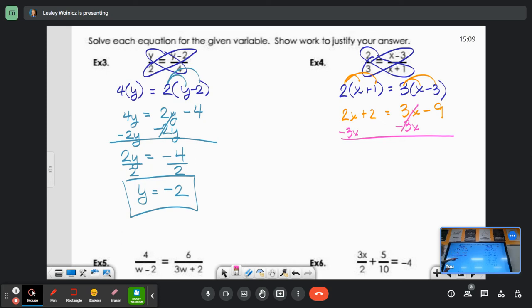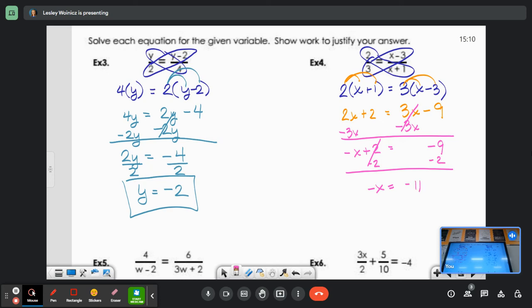These cancel. Now I have negative x plus 2 equals negative 9. Okay, I want to get rid of this 2, so I subtract it away. These cancel, and I get the opposite of x equals negative 11.